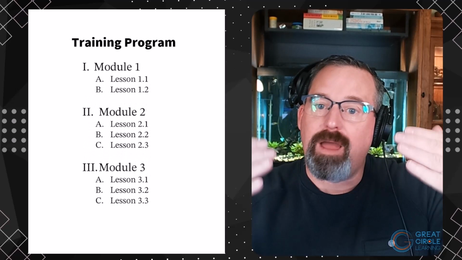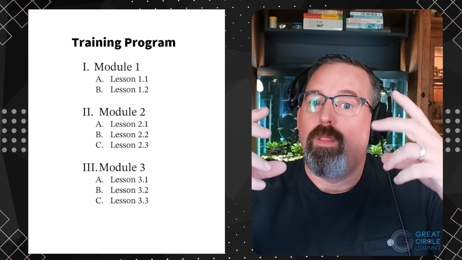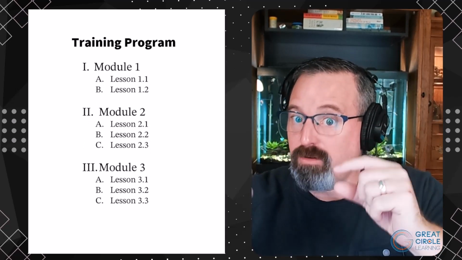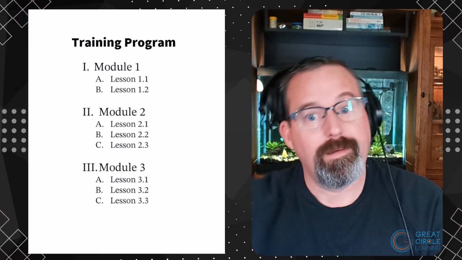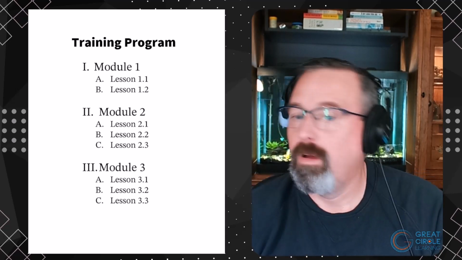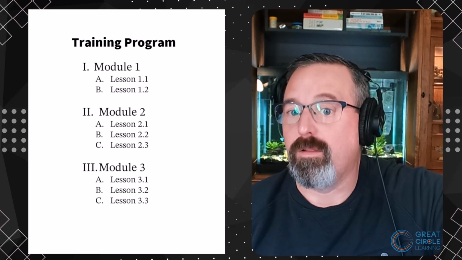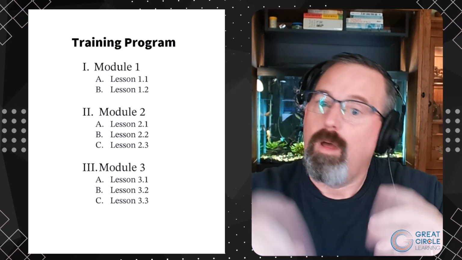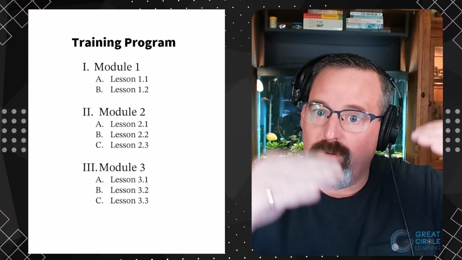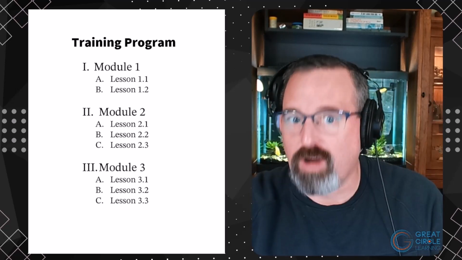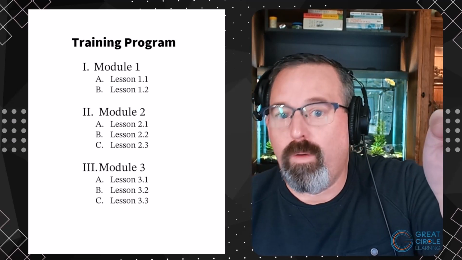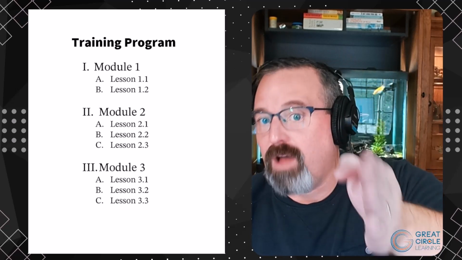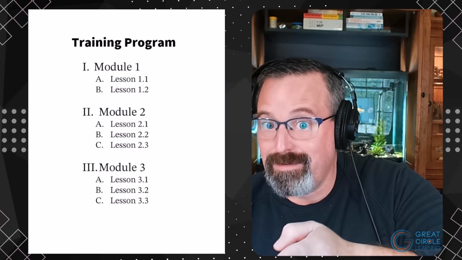But within my modules, those break out into smaller steps or lessons, or enabling objectives, another term. Another way to look at a module could be a topic, and a lesson could be a subtopic. Whatever terminology you use, we're looking at a hierarchical structure, right? Every module is going to be built up of lessons.